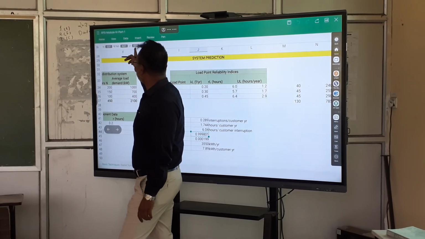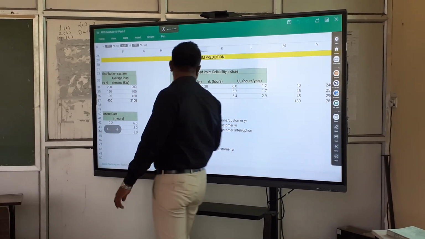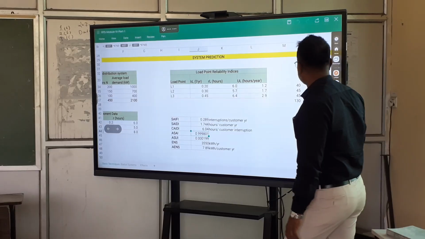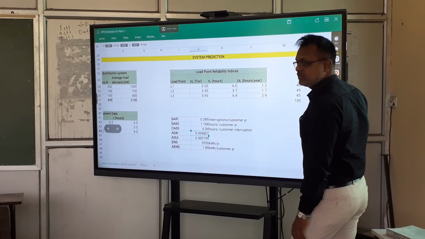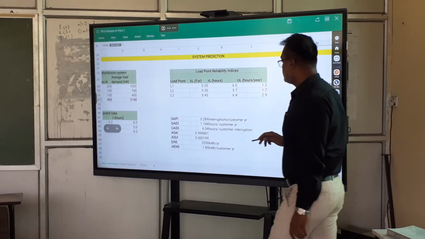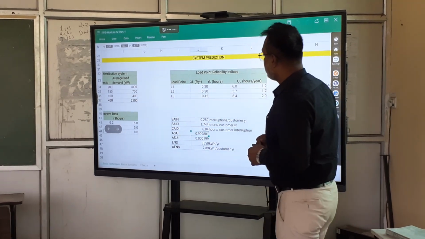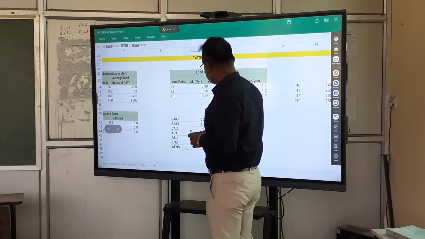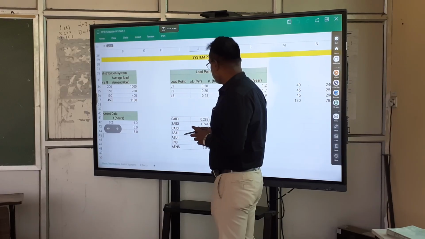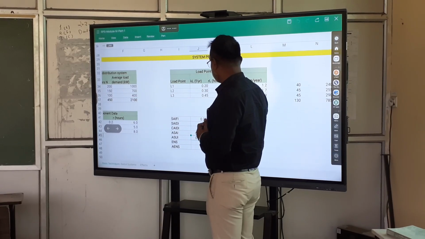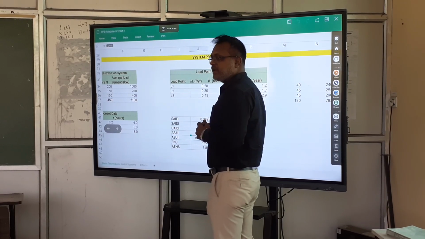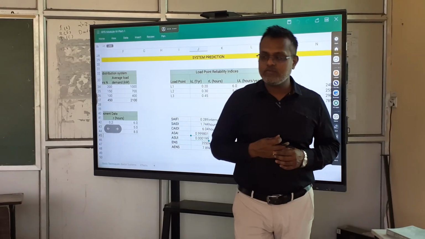We have also 450 into 860 minus N37. What is N37? N37 is summation LY NI. And ASQI, unavailability index, is 1 minus this, 1 minus energy not supplied. Just like the previous case we will compute it.